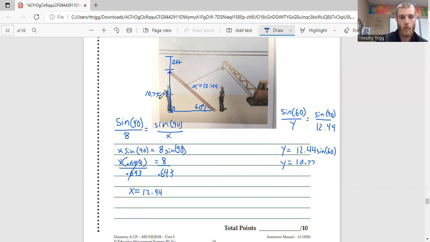The wires are 10.77 plus the extra 2 feet, right? So the wires are 12.77 feet above the ground. So I want you to write that out in a complete sentence: the wires are at a height of 12.77 feet.